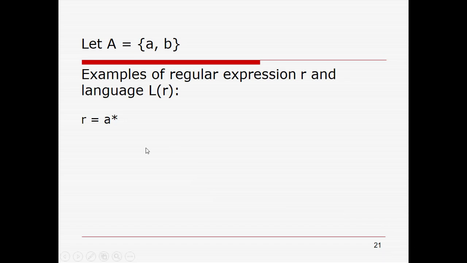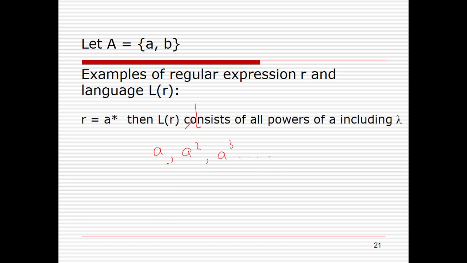I have a regular expression R, which is a star. What kind of words can we make with it? Apparently I don't have to choose anything. That means lambda is part of this language. Or I can choose one a, or two a's, etc. So apparently the language is lambda and words which contain only a's.